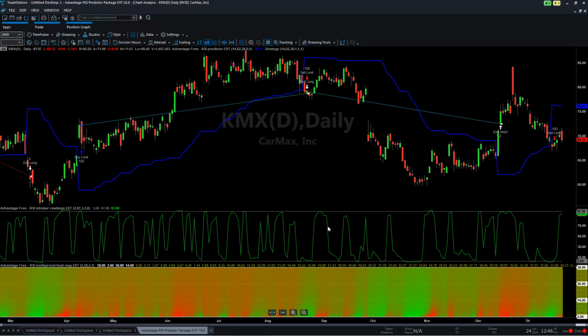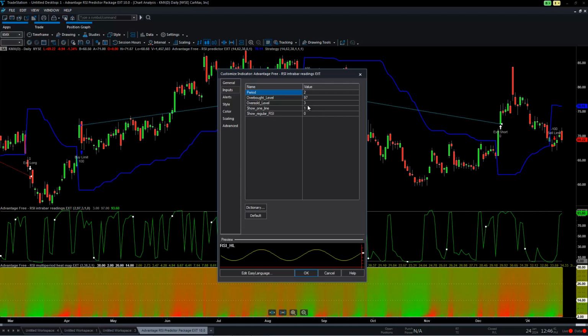And then the RSI intrabar readings, you can set it a little differently, without showing regular RSI. The input set to 0 and show one line means that you only see either the high watermark or the low watermark, depending on whether it's above 50 points or below 50 points.